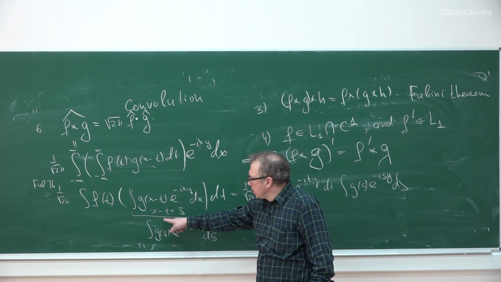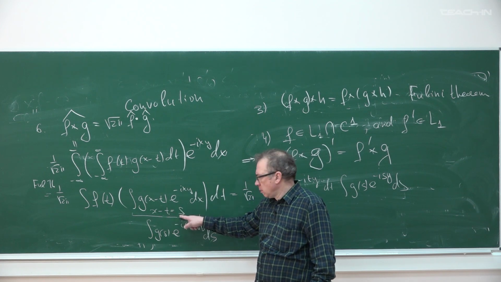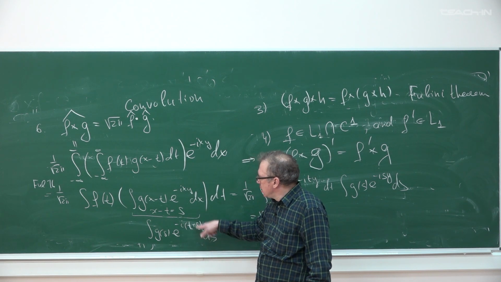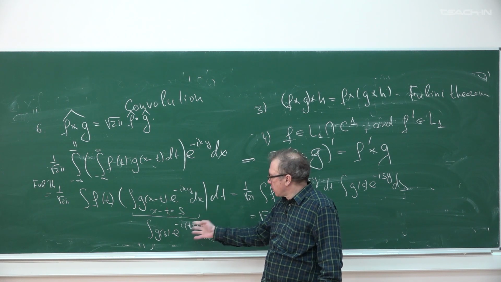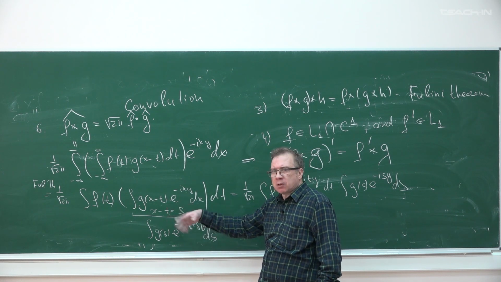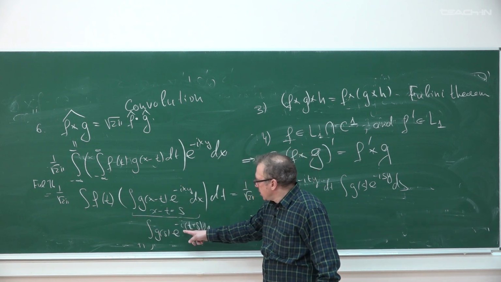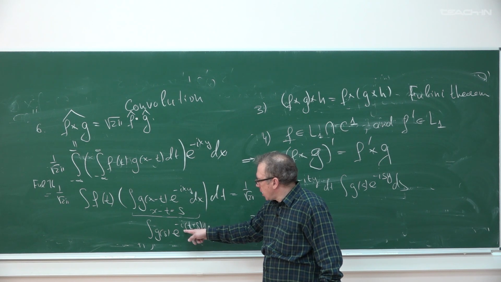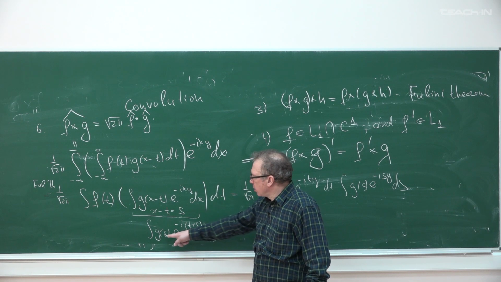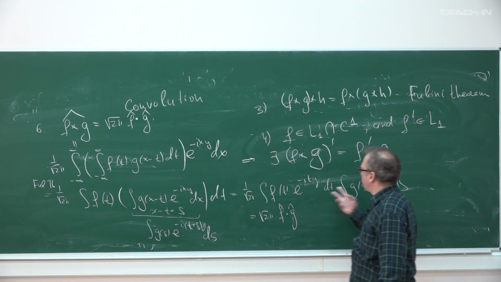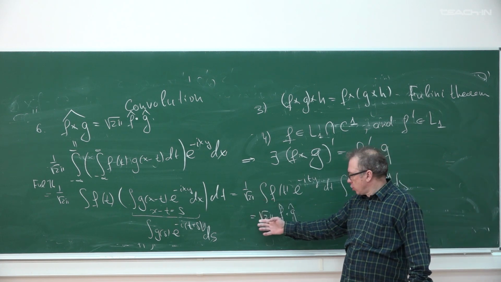And for the interior integral, I change the variables: x minus t is s. So g(s) exponent of i(t plus s)y, and dx is equal to ds. And you see that the variables live apart in different integrals. F(t) I take with the exponent of ity, and isy goes to g(s). So we have two Fourier transforms, but only one of this factor. So it is equal to this.